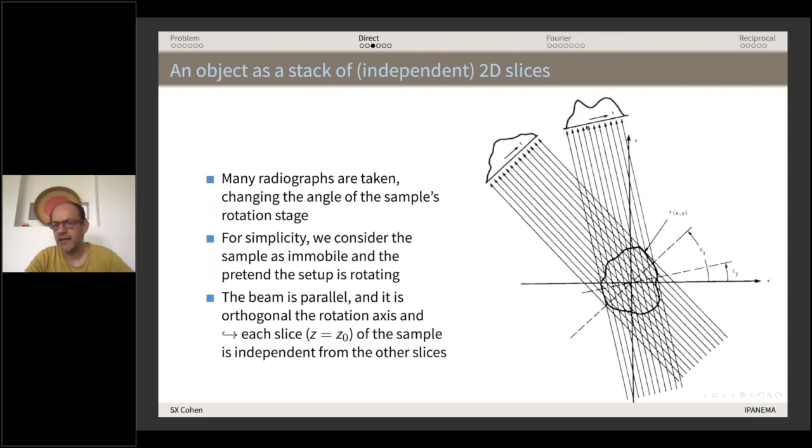And the reason why this happens is that the rotation axis is at a constant position relative to the detector. Most often you put them in such a way that the rotation axis is parallel to the detector and the detector is perpendicular to the beam, but you don't even really care, because the relative position of the rotation axis and of the detector are constant.